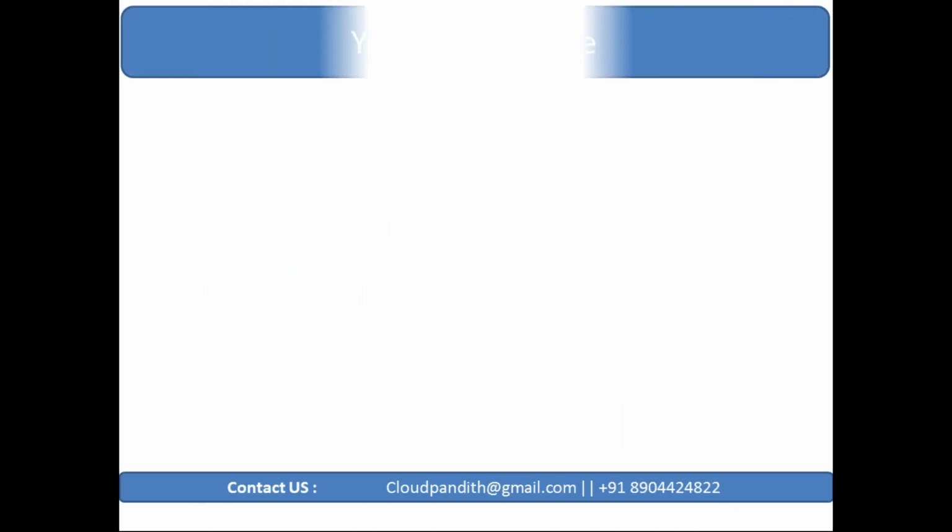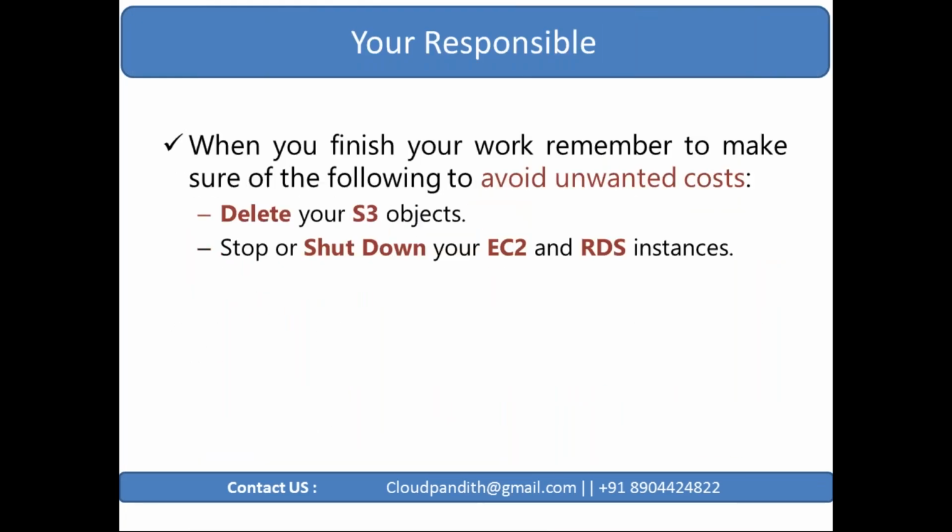Next, your responsibility: when you finish your work, make sure to do the following to avoid unwanted cost, friends. Delete your S3 objects, and stop or shut down your EC2 and RDS instances. What happens is, when we are giving training, we create these EC2 instances, and in our hurry we leave them running. An EC2 instance costs some 10 rupees per hour or so.